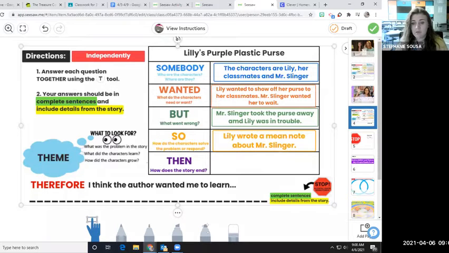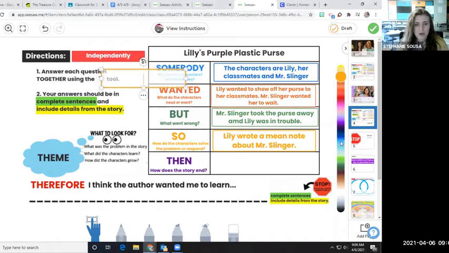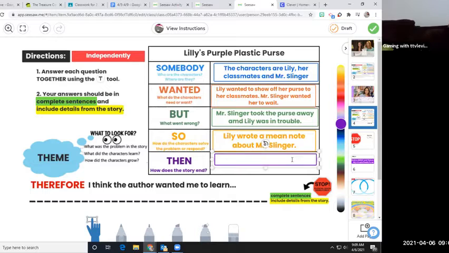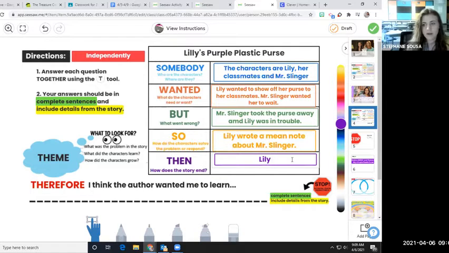How is this problem solved? What do the characters do at the end? Who haven't I heard from? Levin, I don't think I've heard from you. My memory might be failing me though. How did the story end? The story ended by Lily made snacks and drew a nice picture.